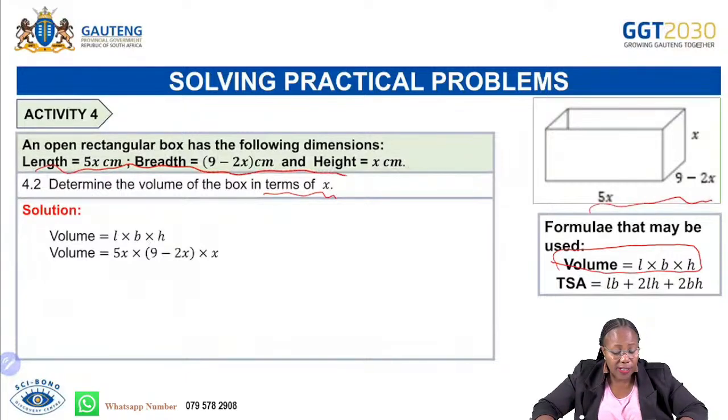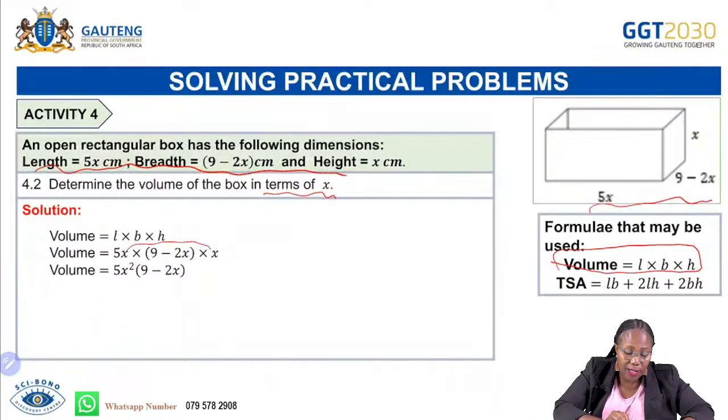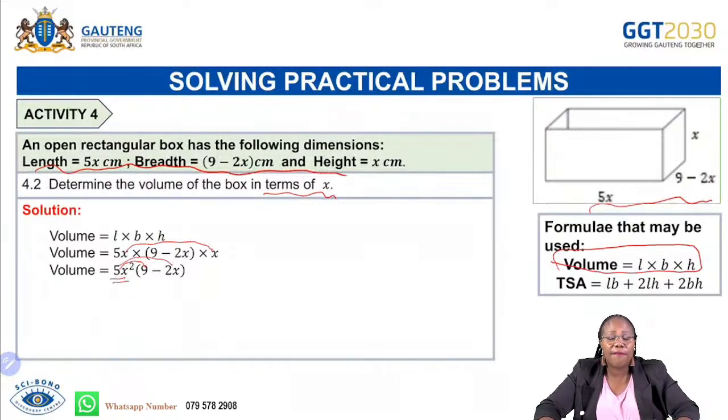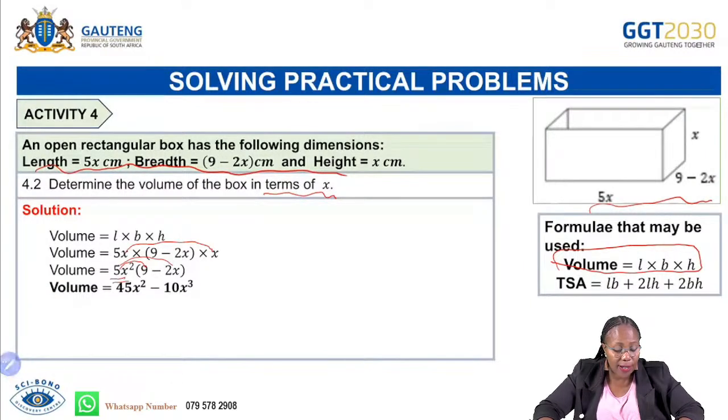And then after substituting, we are going to multiply everything. So that will be 5 times x, which is 5x squared. We still have to multiply this 5x squared into this bracket here. It will be 5x squared times 9, which is 45x squared. 5x squared times minus 2x will be minus 10x cubed.